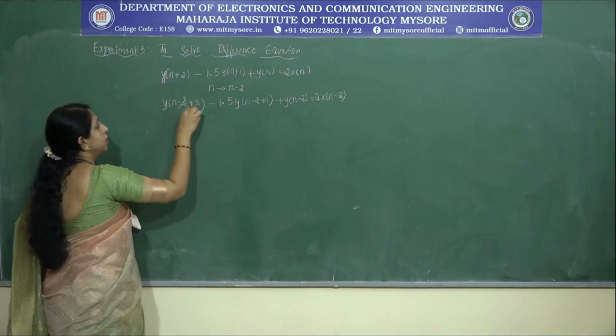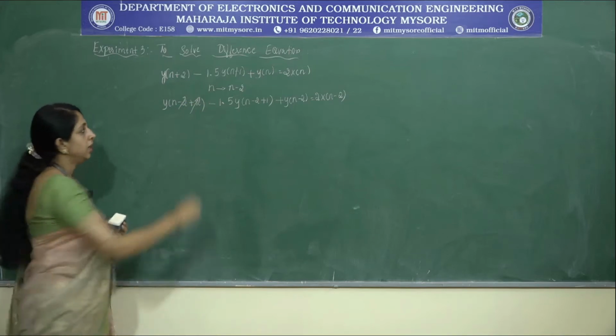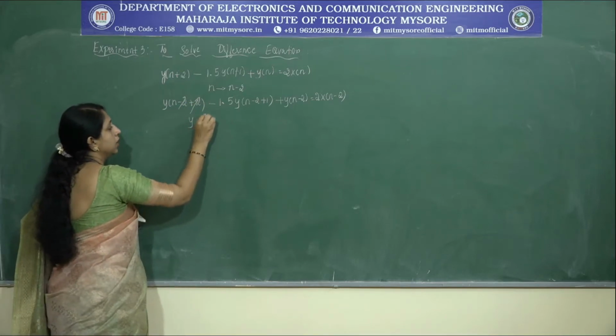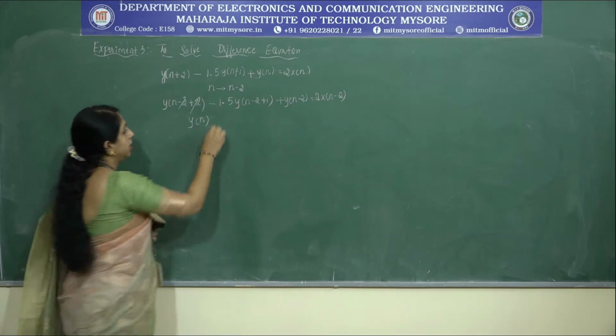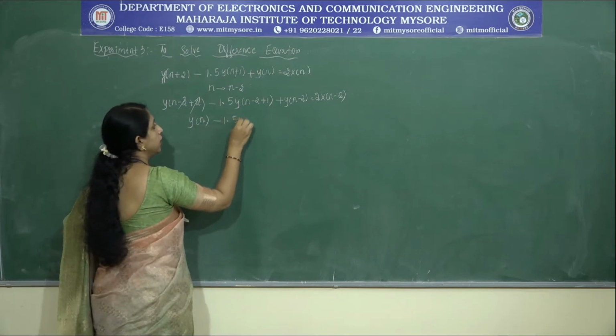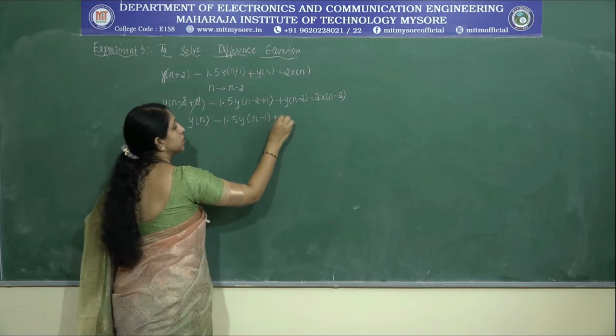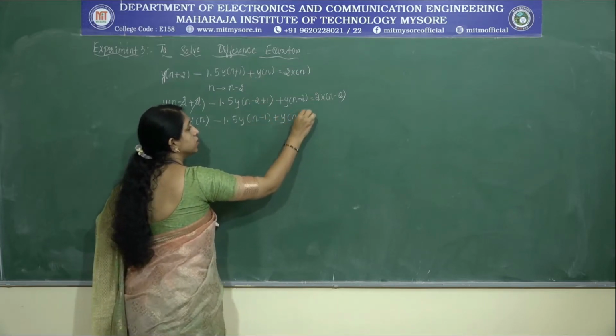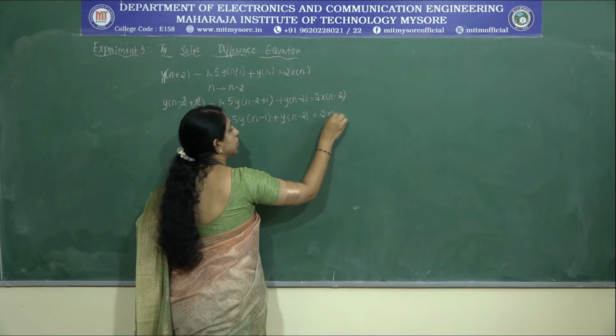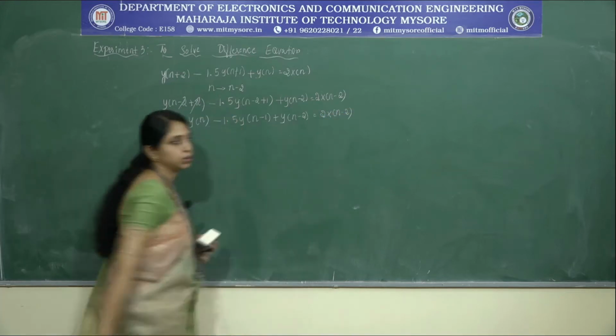Now minus 2 plus 2 will get cancelled. It will remain with y of n minus 1.5 y of n minus 1 plus y of n minus 2 equals 2 into x of n minus 2.